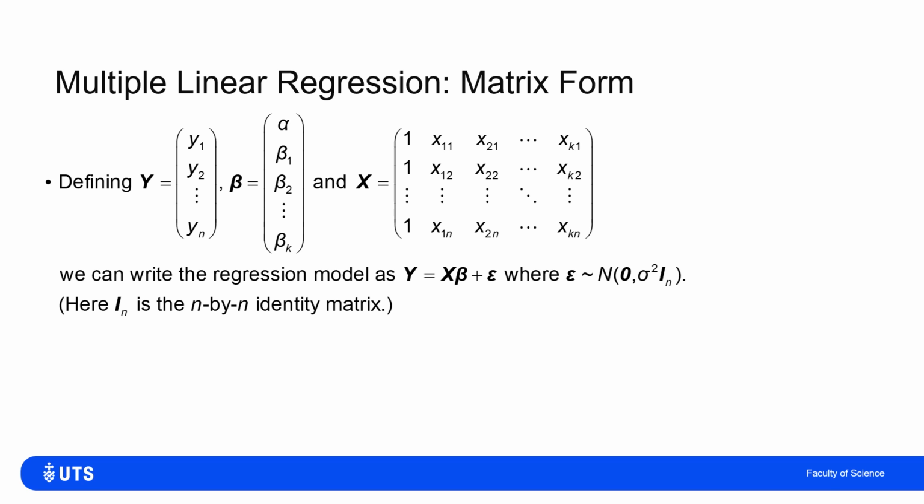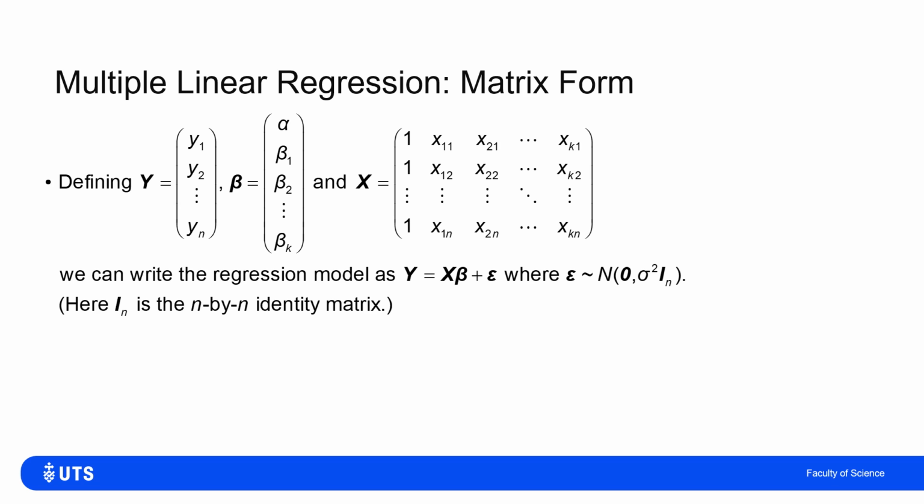Here I am going to make some distributional assumptions. I'm going to assume that the residual errors are normally distributed with zero mean and with constant variance, sigma squared. And the variance-covariance term at the back of the epsilon distribution is set to be an identity matrix, which only has a constant down the diagonal, one down the diagonal, and zeros everywhere else.